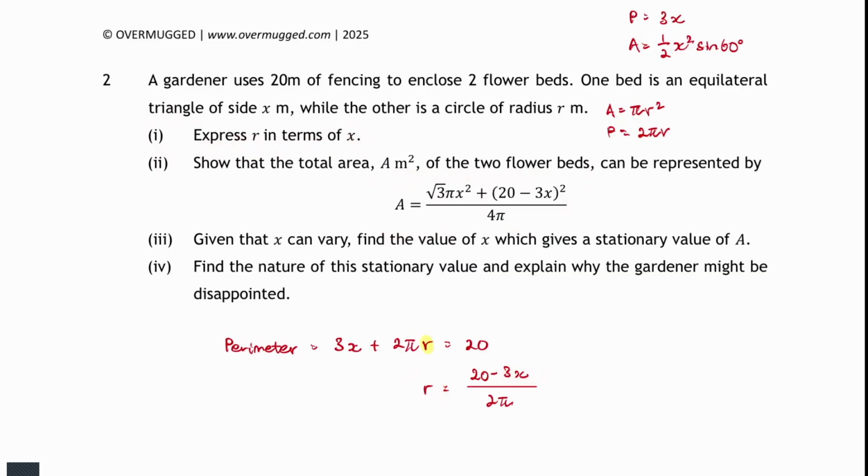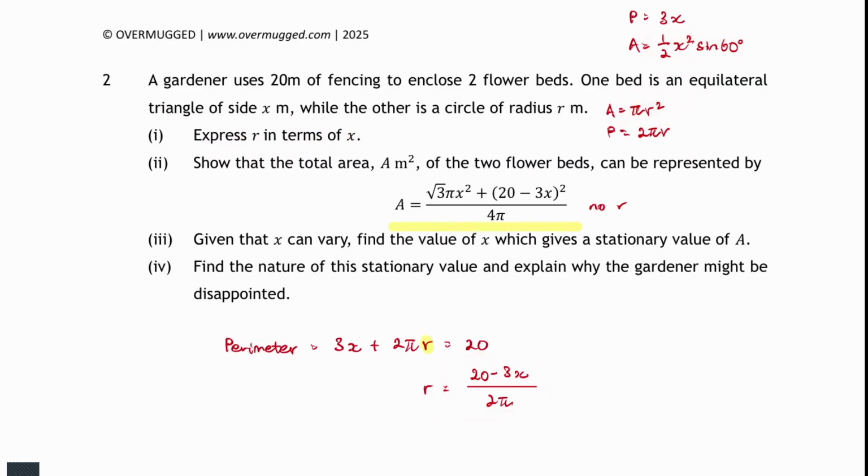So for the higher order questions, we need to observe the expression and realize that it has no r inside. But we see that our sum of areas has an r here. The question is trying to lead us to use this expression for r to sub away the r inside this expression. So that's the big picture.